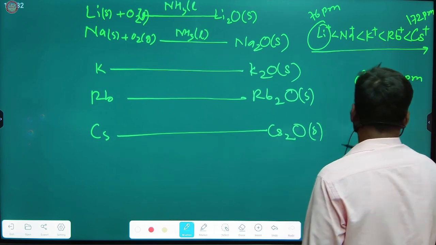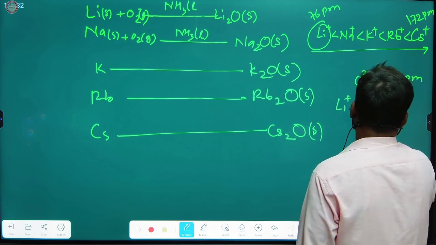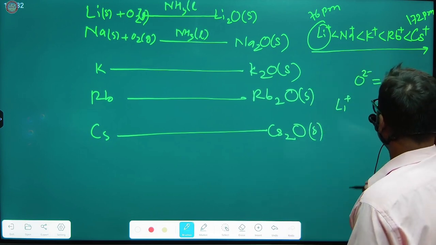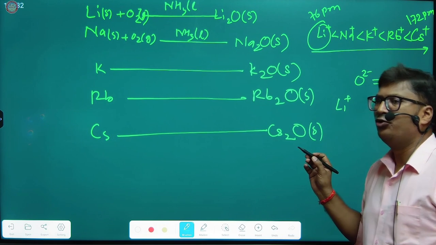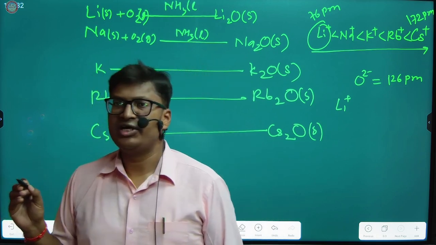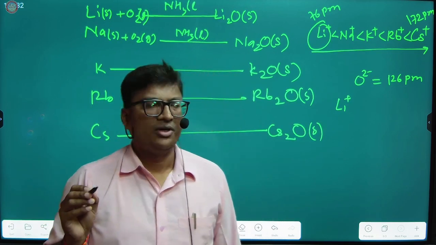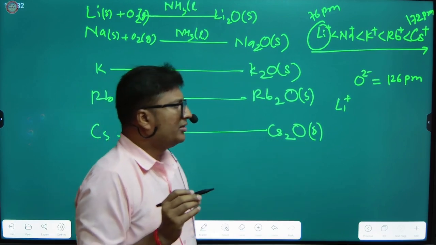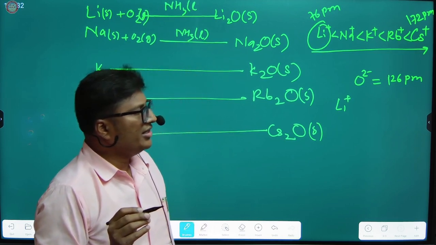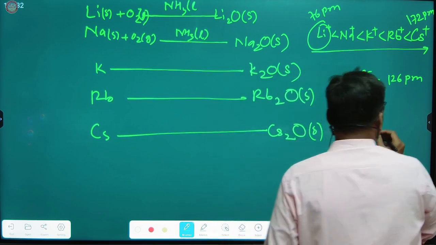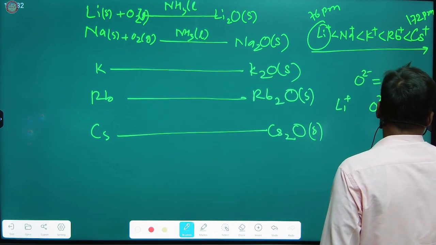Lithium plus has high charge density, which means the charge per volume ratio is very high in case of lithium plus cation. Okay, and because of the localized charge density on lithium cation, it has high tendency to attract oxide ion, and because oxide ion has two negative charges.